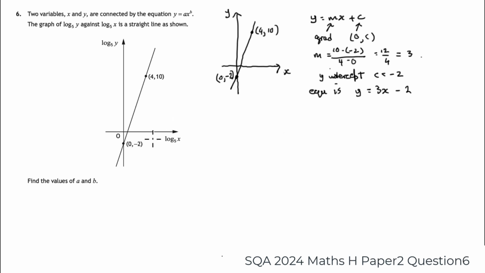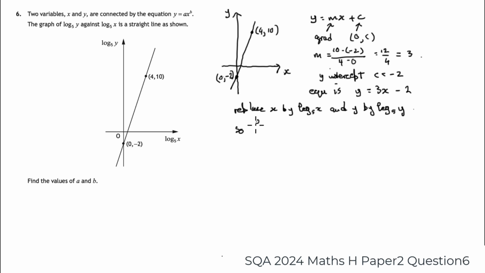So let's now deal with these log to the base 5 of x and log to the base 5 of y. So we would have to replace x by log to the base 5 of x and y by log to the base 5 of y. So what do we get?